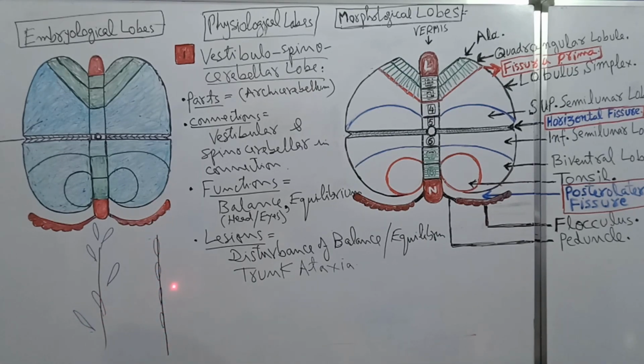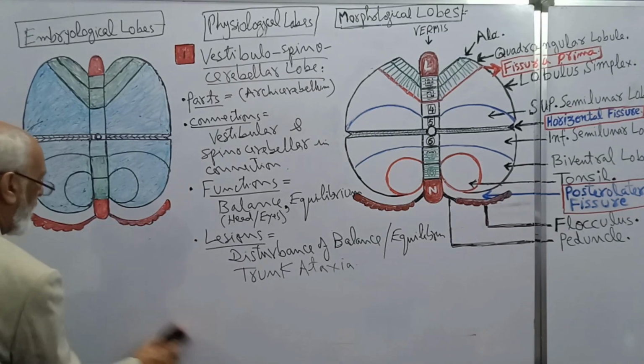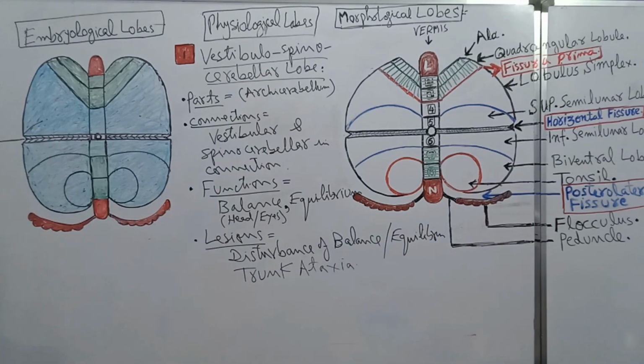If there is trunk ataxia, he will fall on this side and on this side. He cannot walk straight. This condition is known as trunk ataxia. These are the effects of lesion of this lobe.